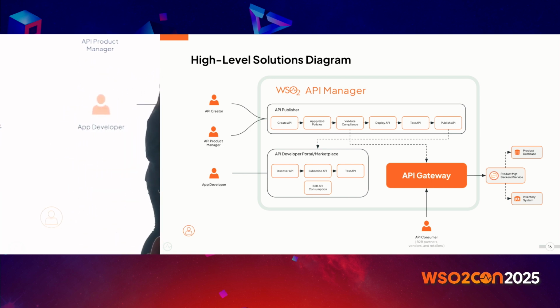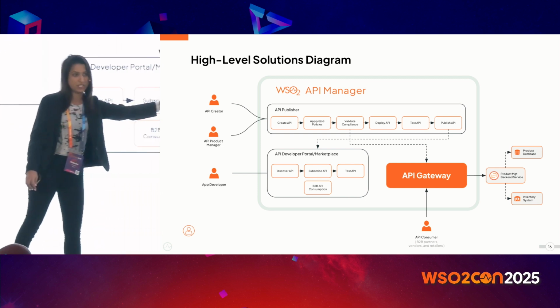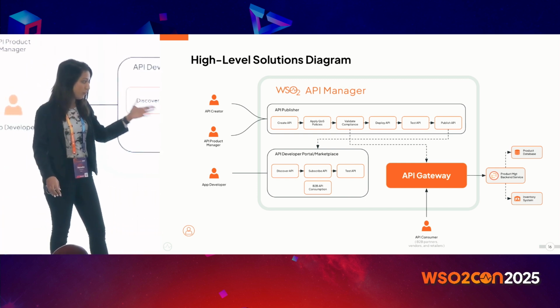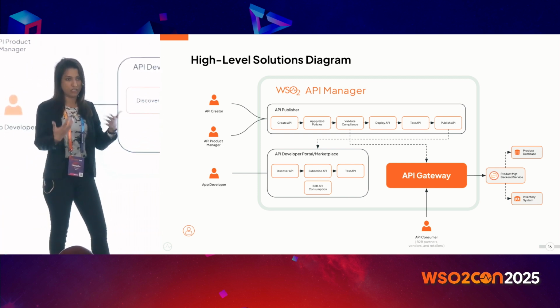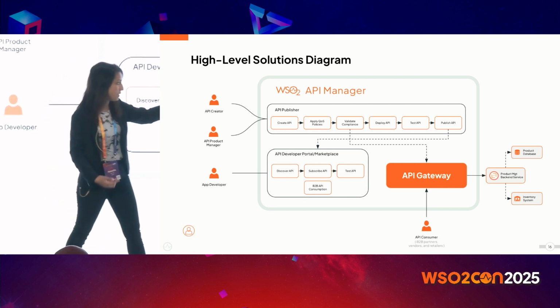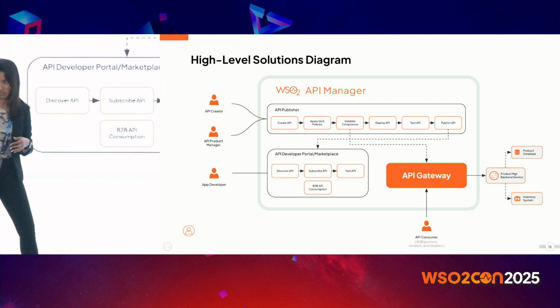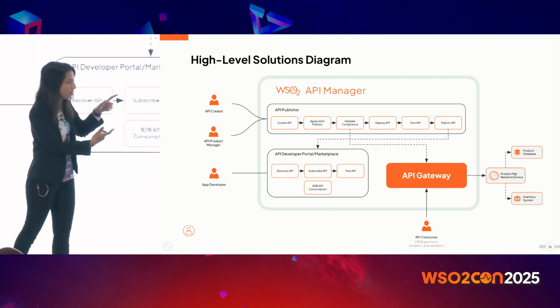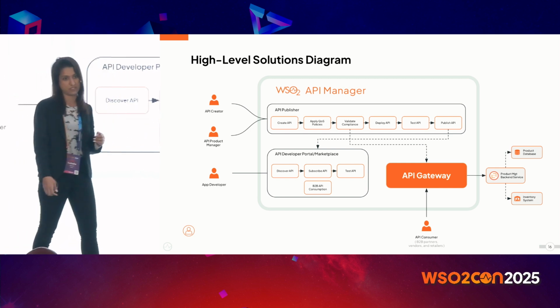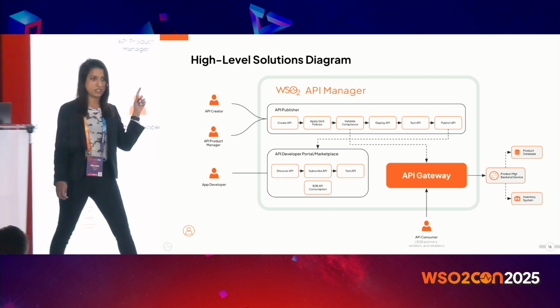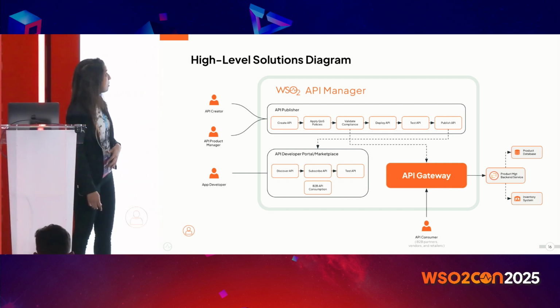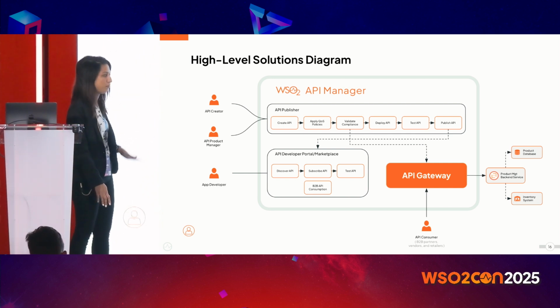Then we have the API gateway, which is the API runtime, which takes in all of your requests. The API gateway is connected to the product management backend service, which connects with the product database and the inventory system. So this is at a high level how the solution diagram looks.